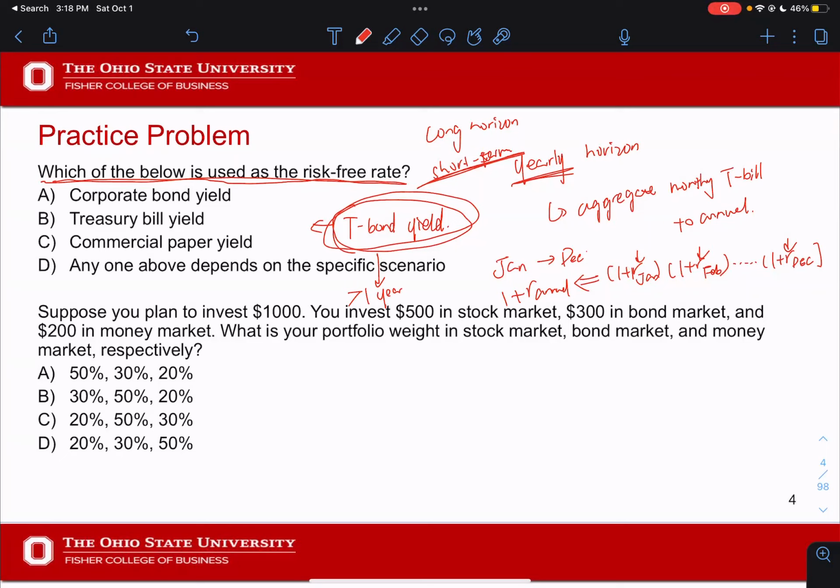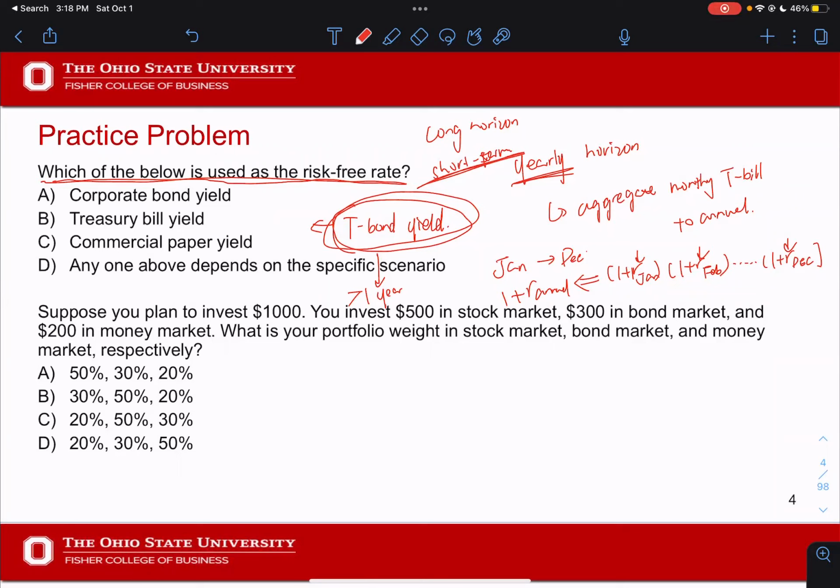For example, you're analyzing a stock for 30 years, and you want to compare with the bond, like treasury bond option. What you can do is that you take the treasury bond yield for 30 years, but in this case, you're assuming that when you put the money in the stock, you will not touch it for 30 years to make it comparable. If you touch it in the middle, the horizon does not match anymore.